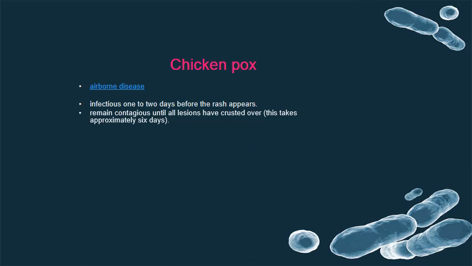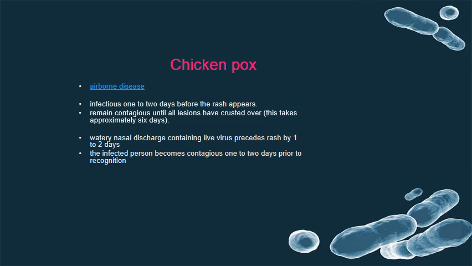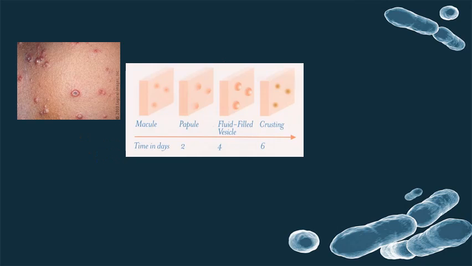It remains contagious until all the lesions have crusted over, and this takes about 6 days. So they're infectious for a total period of about 8 days, and they're itchy, feverish, miserable, and it's very common, so you're sure to see one at some point in your career, almost regardless of what you do.